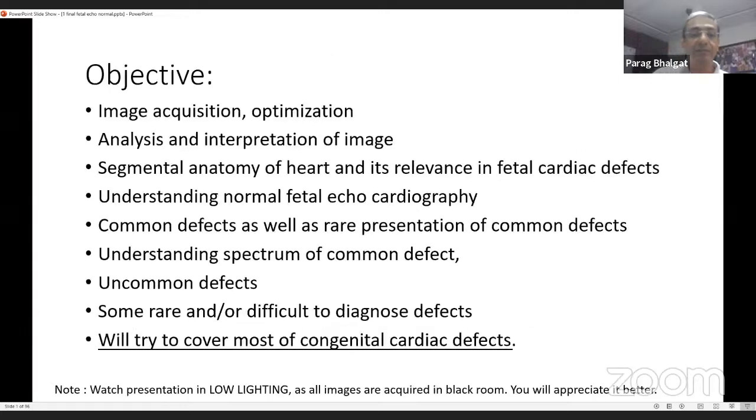So let's start. What is the objective of this lecture series? I will not be going into general aspects like indications and other things.